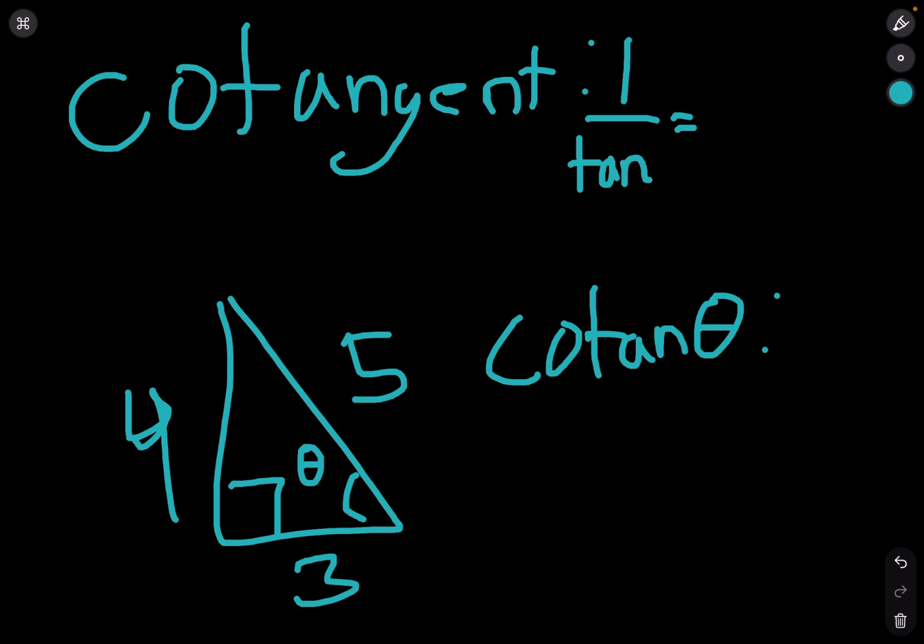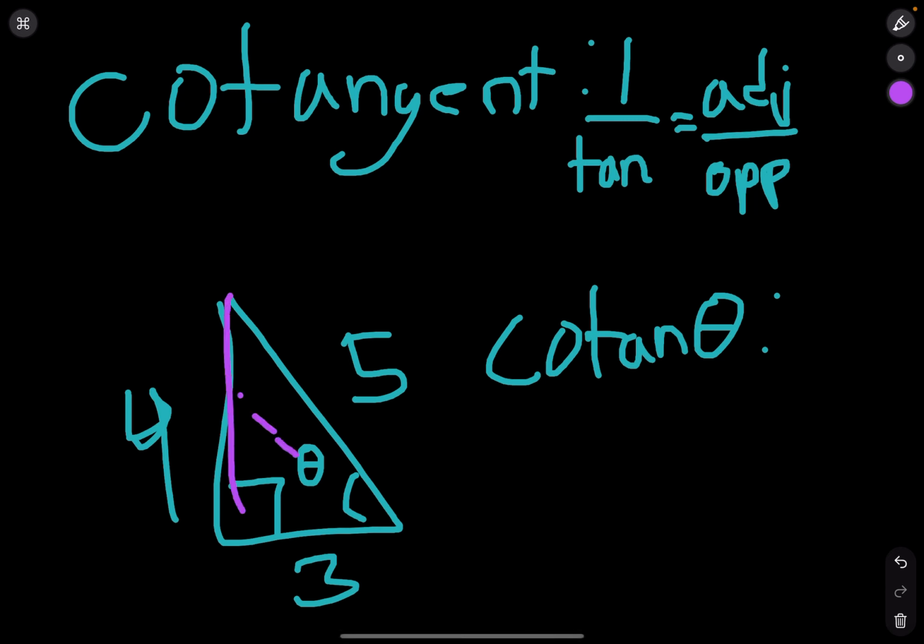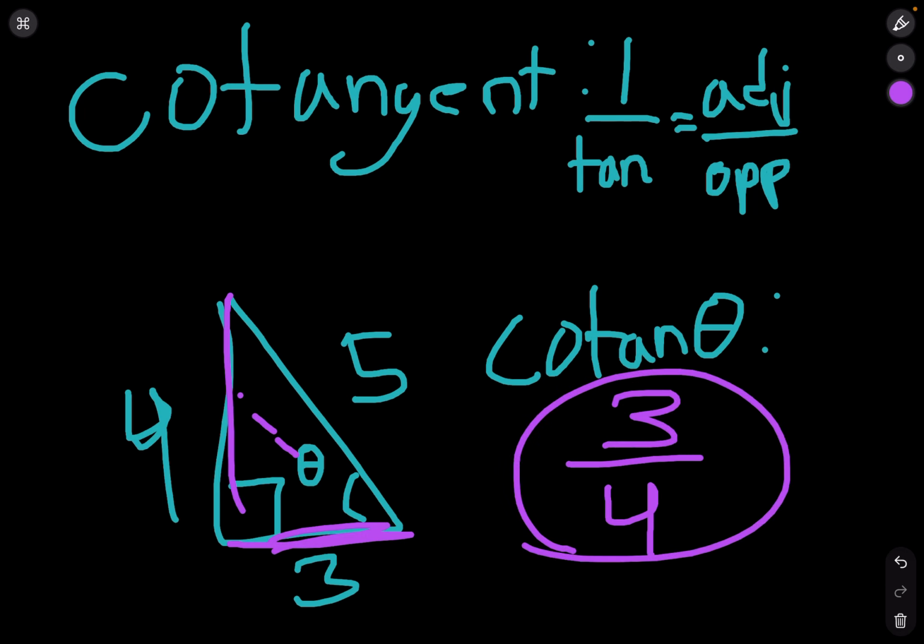Tangent is opposite over adjacent, so this equals adjacent over opposite. The opposite of theta is 4. The adjacent of theta is 3. 3/4. The cotangent of theta is 3/4.